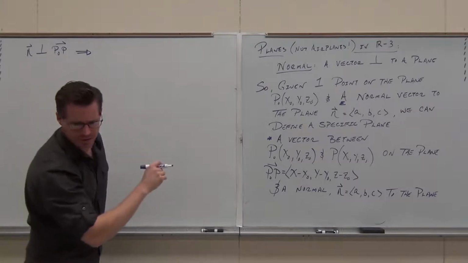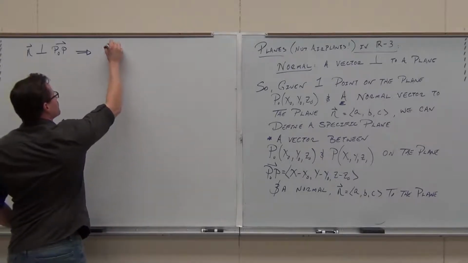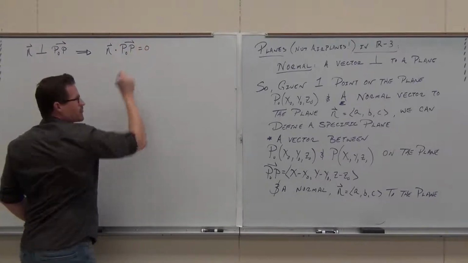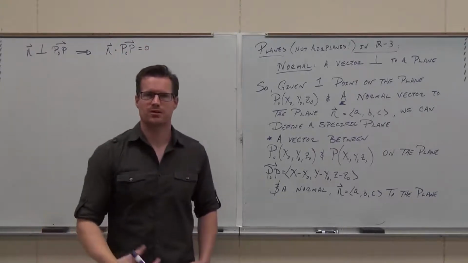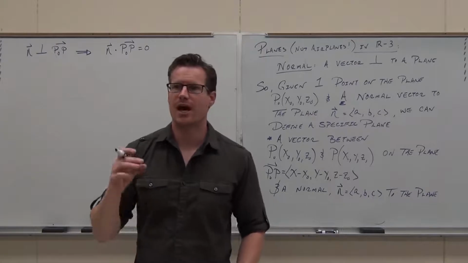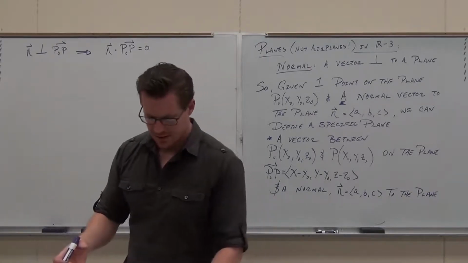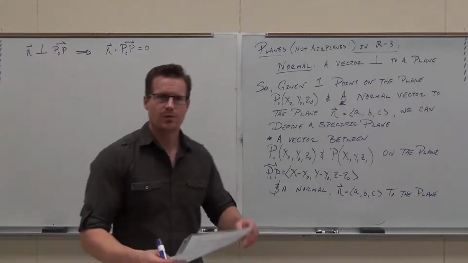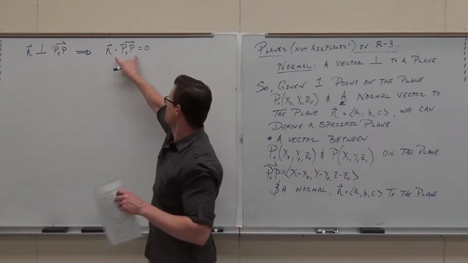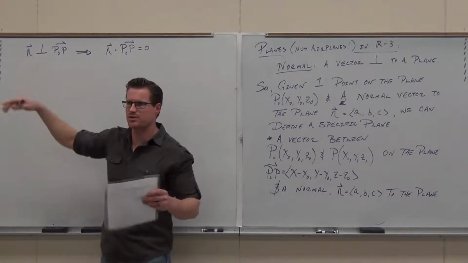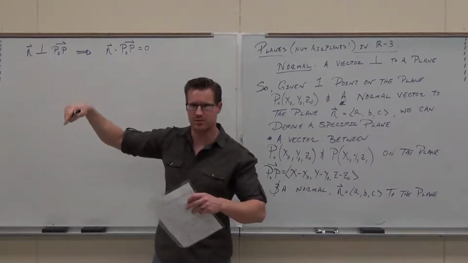If two vectors are perpendicular, orthogonal, their dot product has to be 0. That's literally essentially it. Remember that this happened if and only if these things were perpendicular. So if we have perpendicular, we have to have the dot product equal 0.